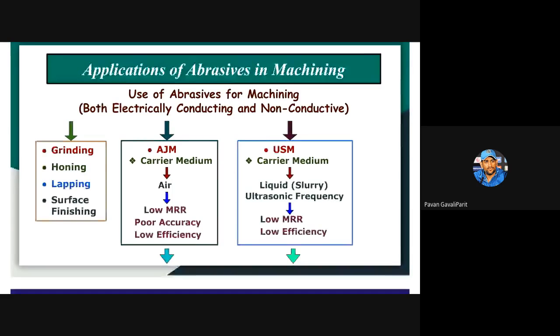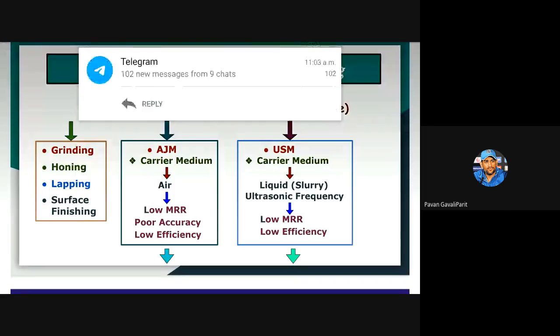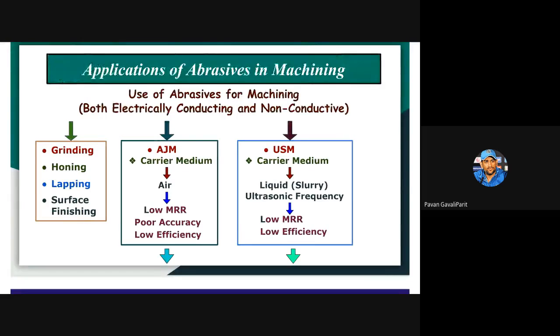So what does that improvement mean? Our new process, that is abrasive water jet machining. This is one process. Now the second process is ultrasonic machining. Here the carrier is a liquid, normally water, and the abrasives mix with the water.